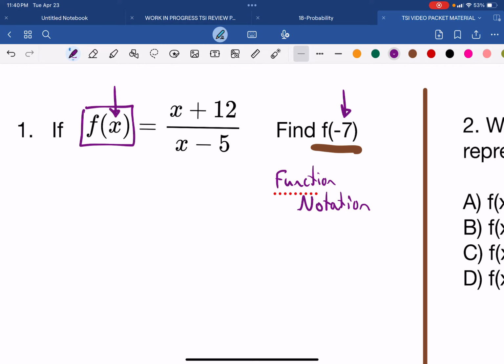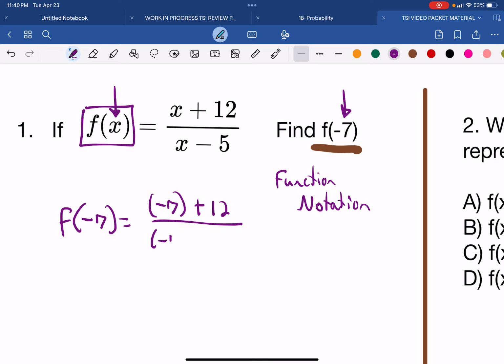If I say f of negative 7, I'm saying that I'm going to replace all the x's with negative 7. I like to put parentheses so I can show what I'm replacing. Then we do the math.